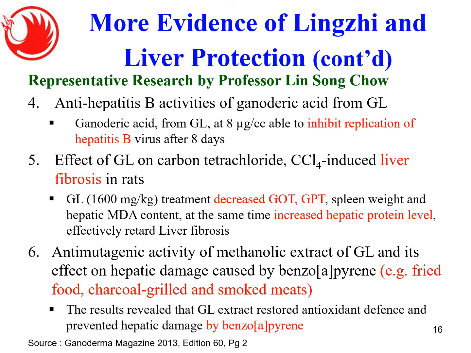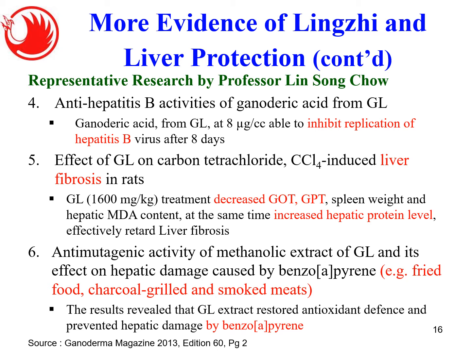Number 6 is another study looking at Ganoderma on hepatic damage caused by a toxic chemical, benzopyrene. This toxic component can be found in tobacco smoke and in many foods cooked at high temperature, for example fried food, charcoal grill, and smoked meat.